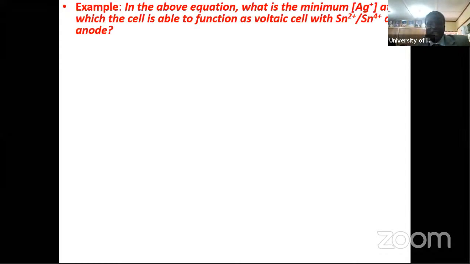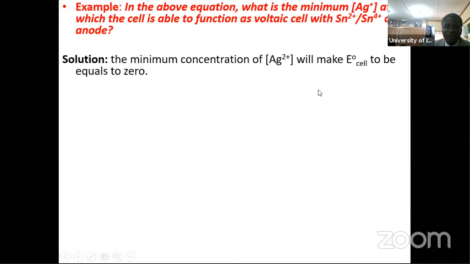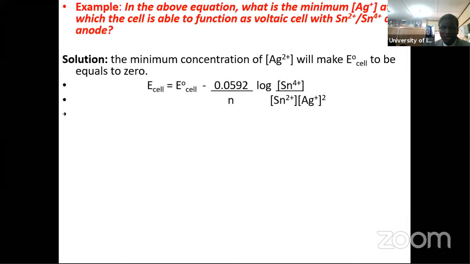For it to function as a voltaic cell, that means the minimum value of your E cell must be 0. The final E cell must be 0. So what you do is you go ahead now and calculate by setting your E cell equal to 0. So you just have to come back to this equation.